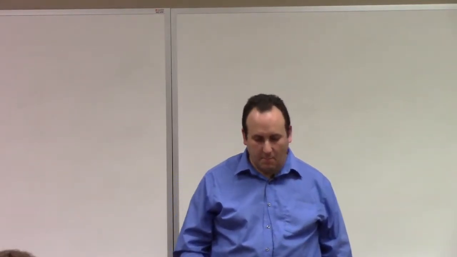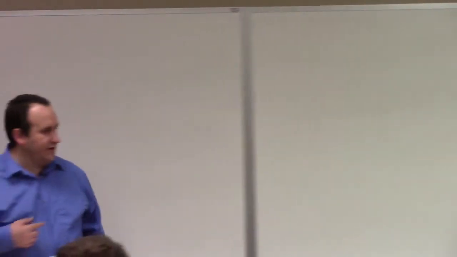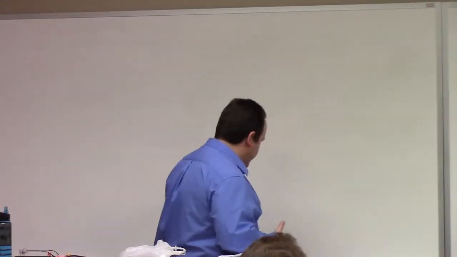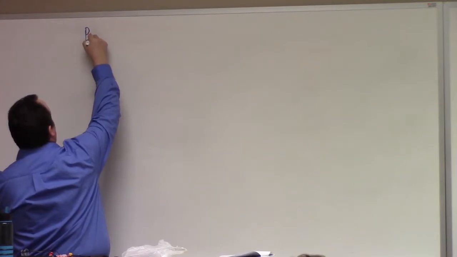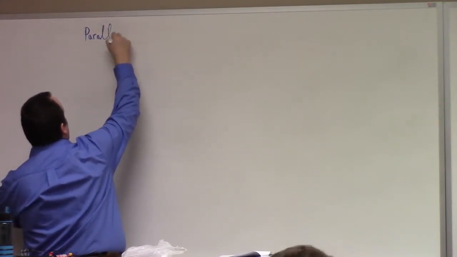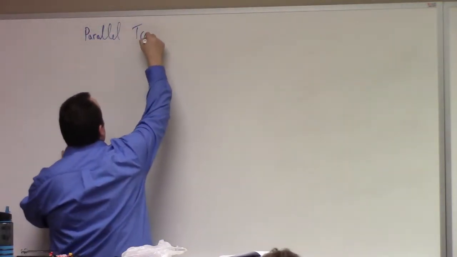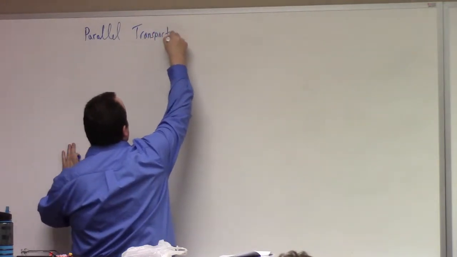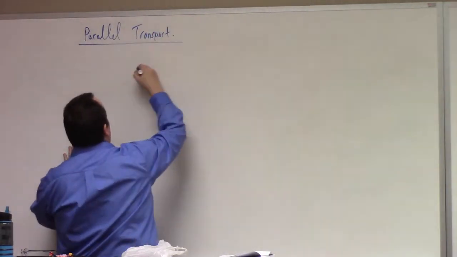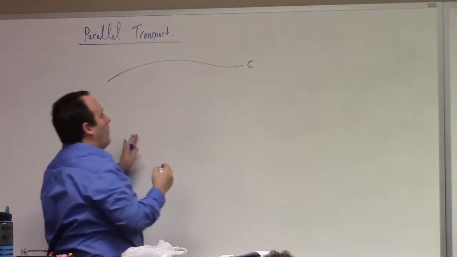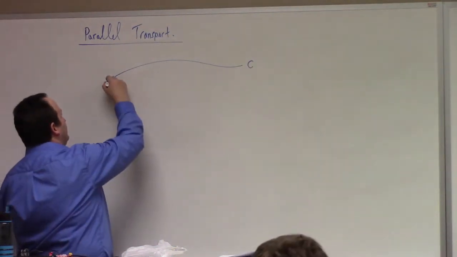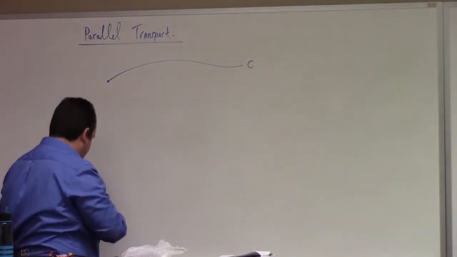All right, so let me pick back up on trying to explain the notion of parallel transport, right? Roughly speaking, the idea is you're given some curve. And of course, we do this all the time without thinking in Euclidean space.